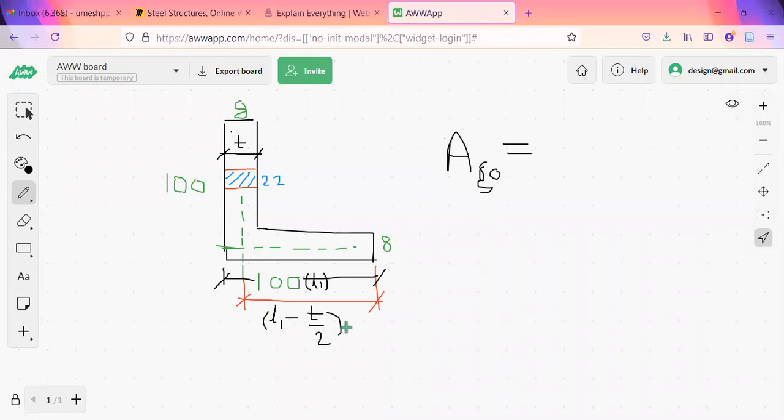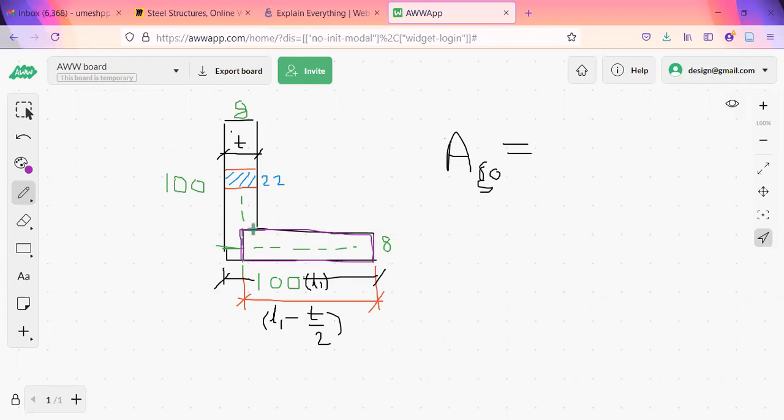Is this clear? What I have done: the distance from this end to the center line is L1 minus T by 2, into thickness. Now observe, it's a very interesting thing in this case. The area L1 minus T by 2 into 8 is this area. That rectangle is this much. Nobody has explained anything like this in the books. Just carefully observe this. This is one rectangle.